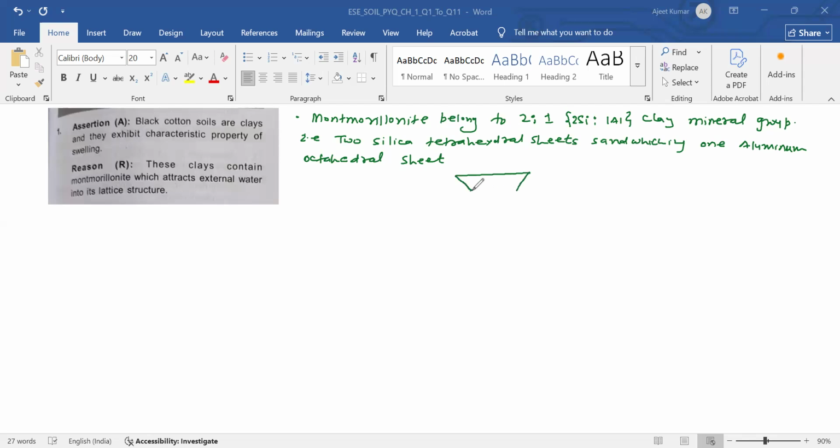This is the tetrahedral silica sheet, and this is the alumina sheet, gibbsite, and this is again a silica sheet, and this thickness is 9.6 angstrom.